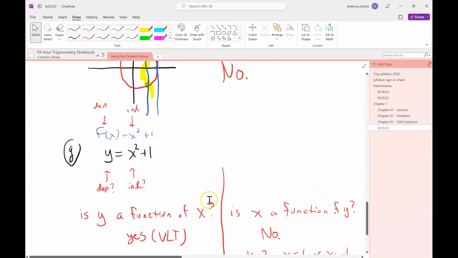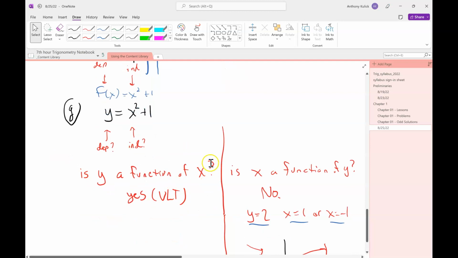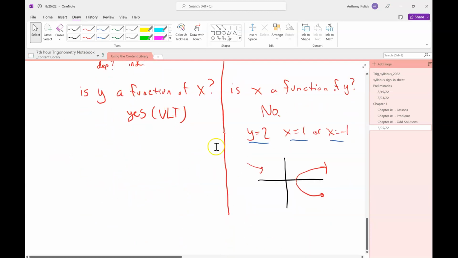So either one is okay, whether it's saying is y a function of x and then list the equation like this, or we could just say is f of x equal to x squared plus 1 a function. Either is going to be okay. They both convey the same information. But you would need to have that information to be able to answer this question, yes or no, because depending on which is the independent variable, we got two different answers, right? One was yes, one was no. Do you guys kind of see that?